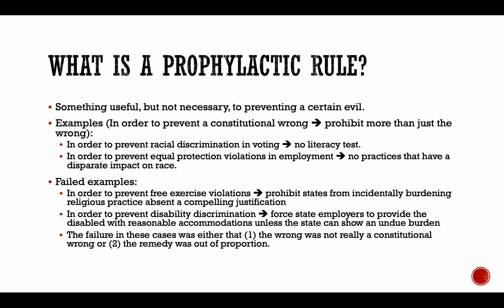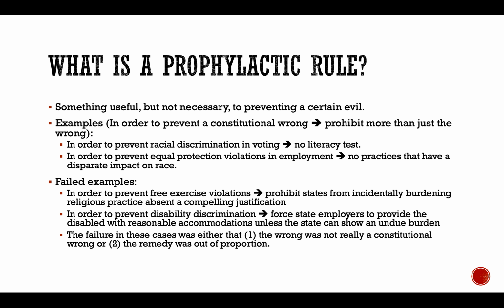So what do we mean by out of proportion here? Let me just give you an example that hopefully will help to make sense of a completely out of proportion situation. Let's say that a state is concerned about reckless driving, because reckless driving can lead to auto accidents, which then can lead to deaths on the road.